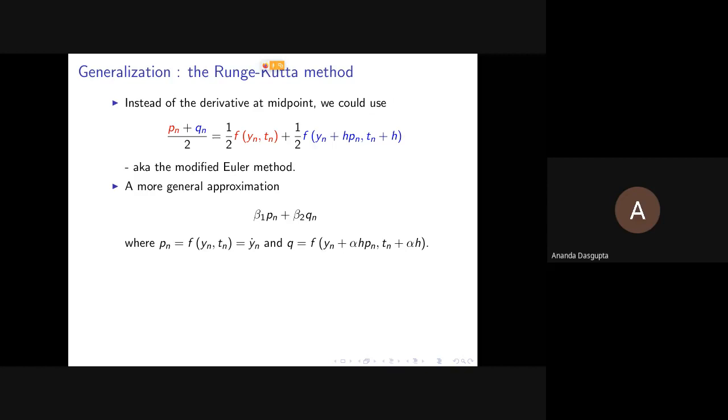However, you may be able to understand that instead of using 2 slopes, if we had used more slopes and more points in between, and chosen the weights and positions properly, you should be able to go beyond just order h square or h cube.